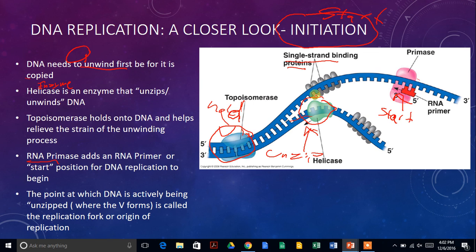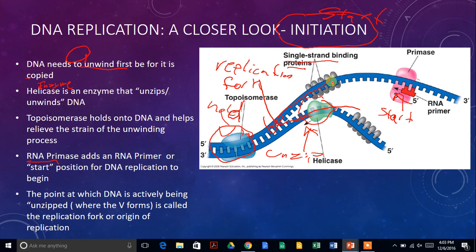A few important features to know is this point, this V, where helicase is actively unzipping. That's called the replication fork. It's called the replication fork, or the origin of replication.